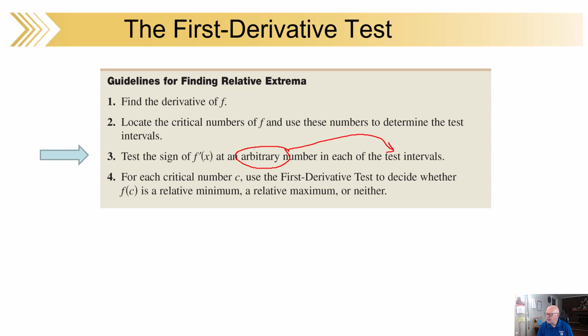And we'll get to an example. But basically, the critical numbers split the number line into several sections. Imagine you're using a knife and you're slicing up the number line at the critical numbers. Inside those intervals, you pick any number you like and put it into the derivative.